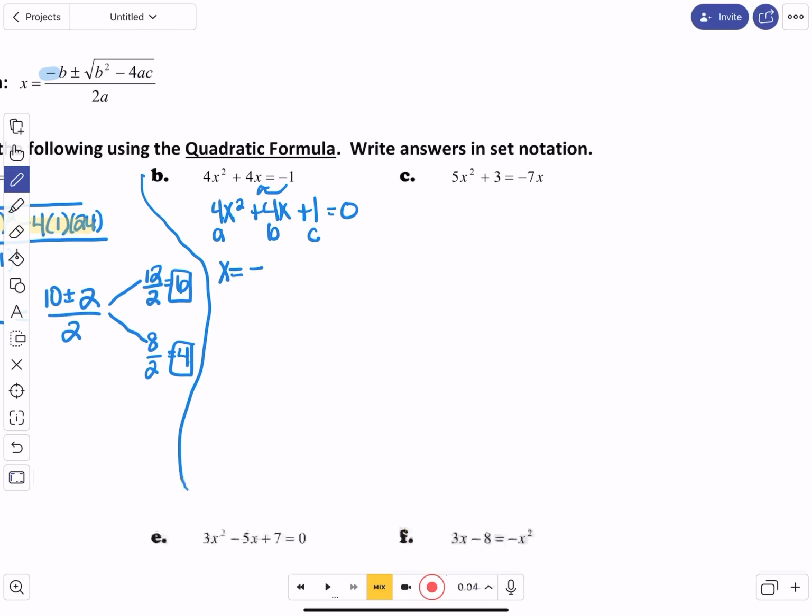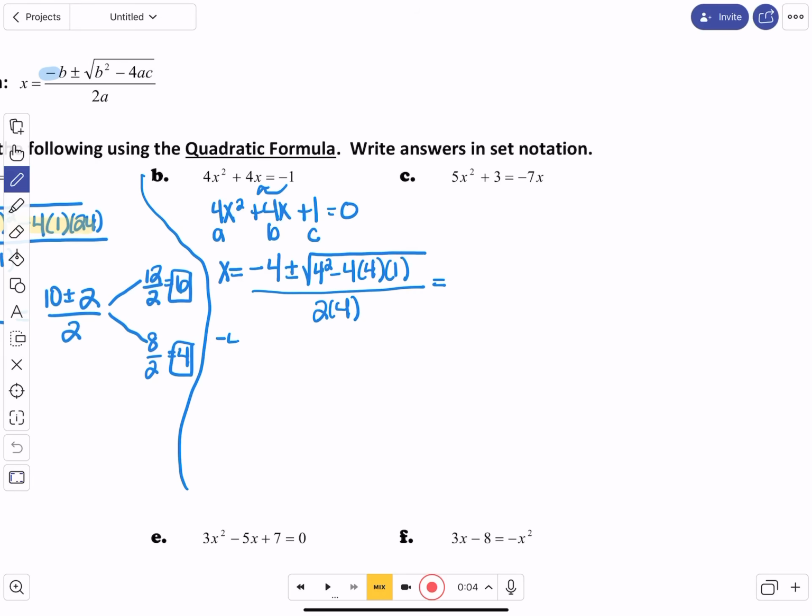Okay, so negative B, and since B is positive, I don't have to put it in parentheses, plus or minus the square root of B squared minus 4 times A times C, all over 2 times A. All right, so now I'm going to simplify.